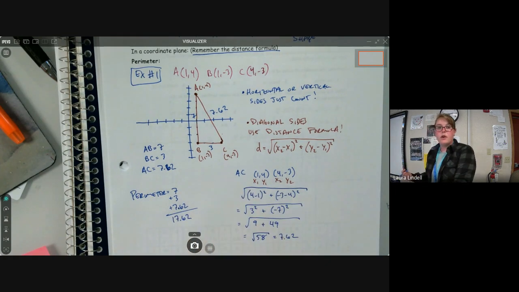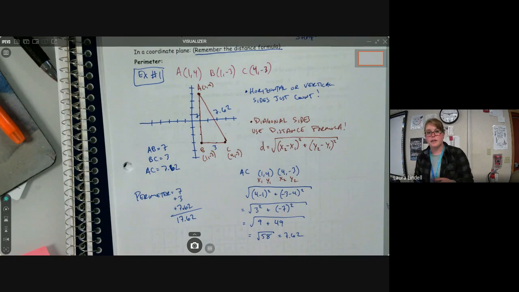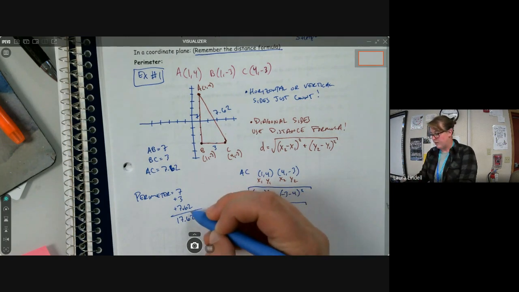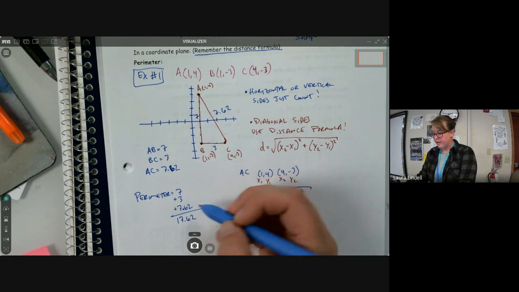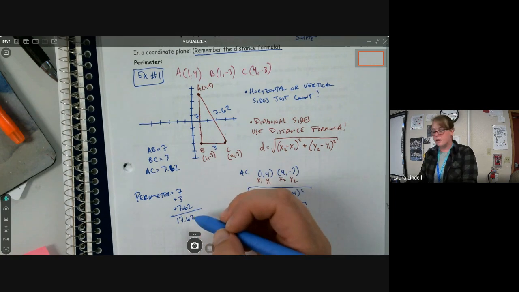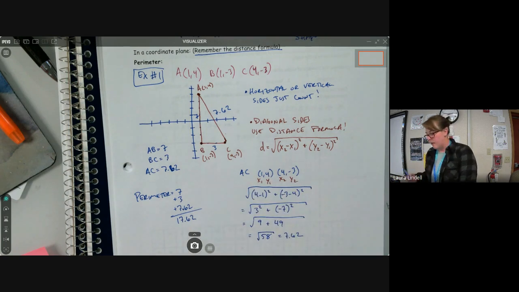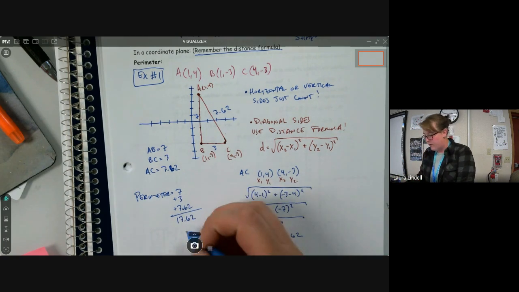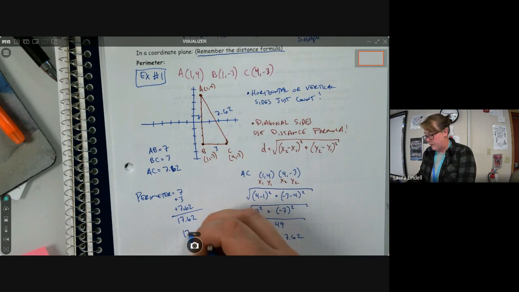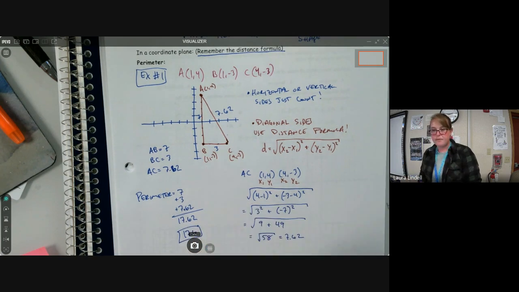At this point, you can go ahead and round to 1 decimal place. Sometimes if you have multiple sides that are all diagonal, you'll end up with something different because you rounded a few more places out. But in this case, since there's just the one, we can just round this to 17.6 and call it good.